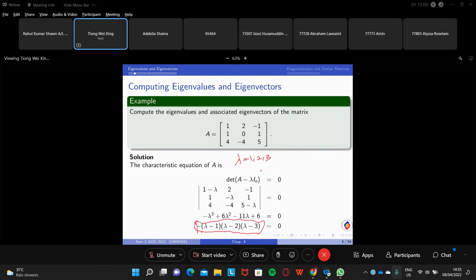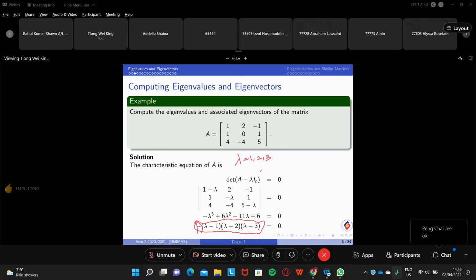The negative sign here? Oh, the negative sign you can cancel out.